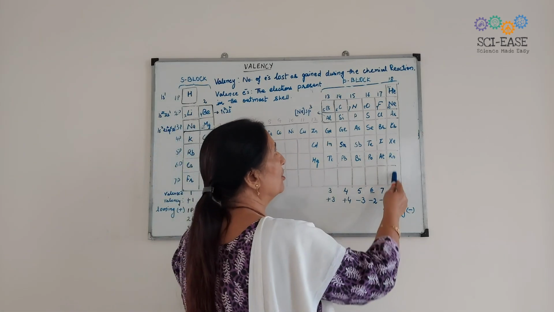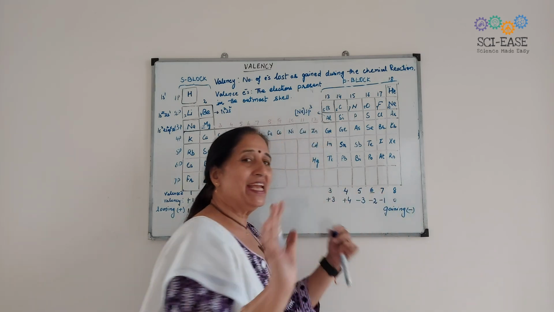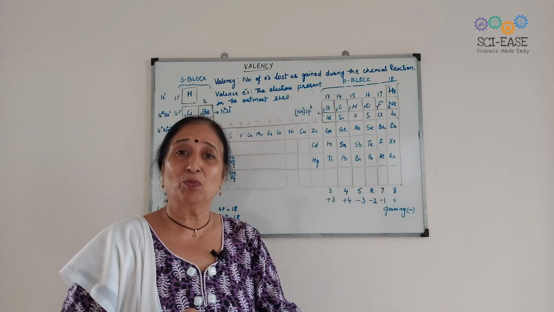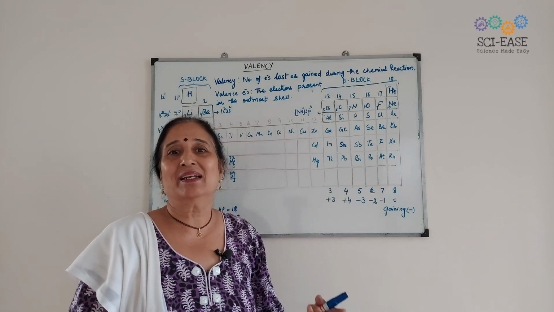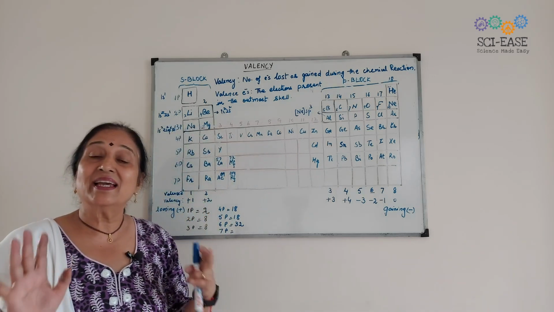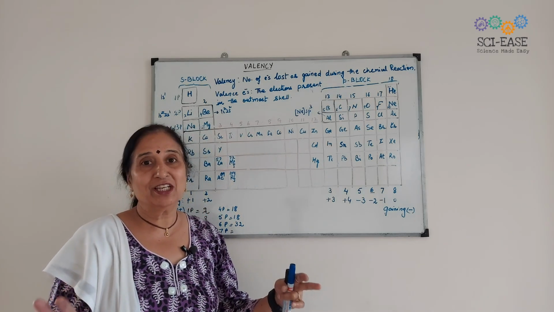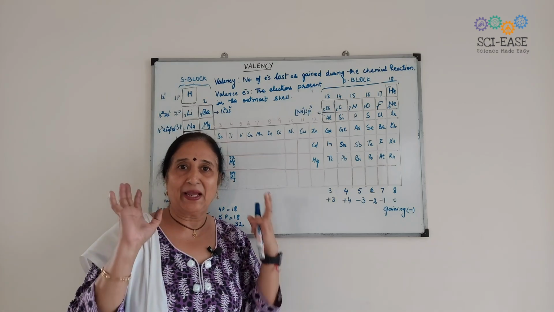What is the valency of group 18 elements? It's 0. They are very happy. They are stable, most stable elements. They are noble gases or inert gases, you can say. They are fully happy with their configuration. They will neither lose nor gain.